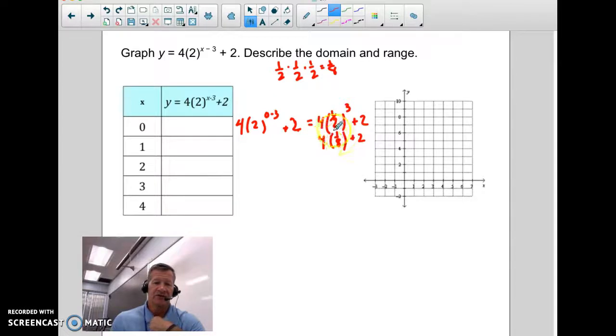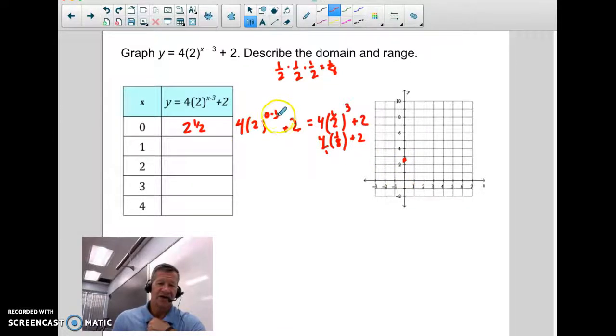Well, now we multiply before we can add. 4 times 1 is 4, and this 4 is just over 1. So that's 4 over 8, which is 1/2, plus 2. That's 2.5. You could also say 5/2 if you wanted to, but 2.5 is easier to graph. So 0, 2.5 would be right about there.